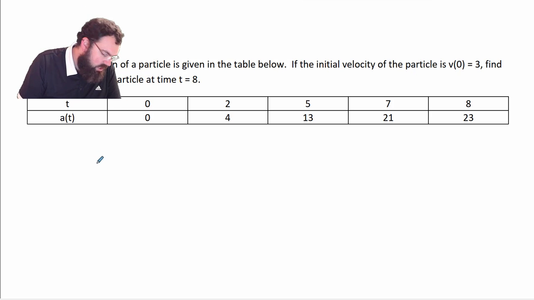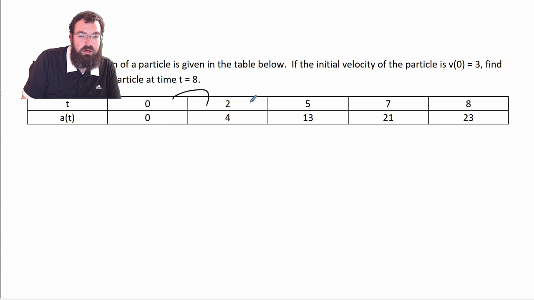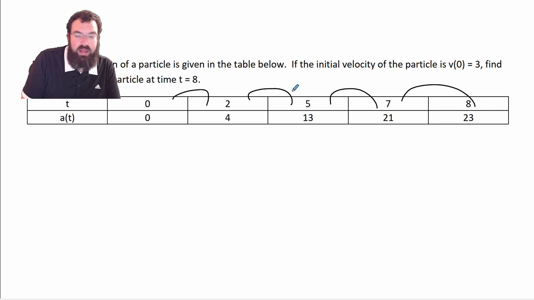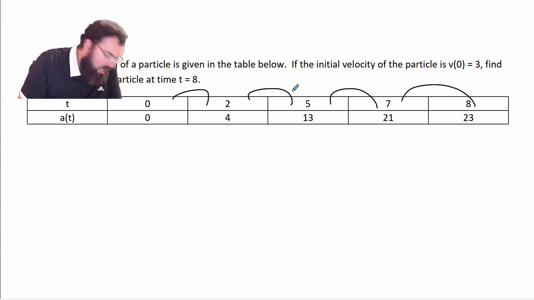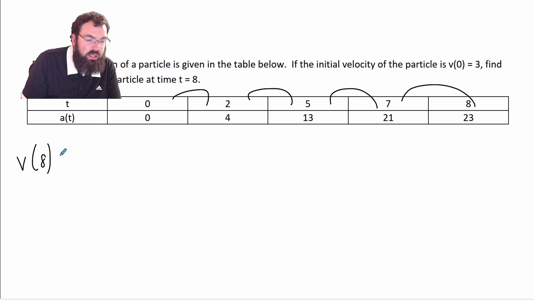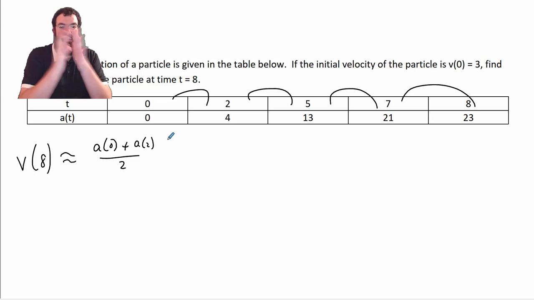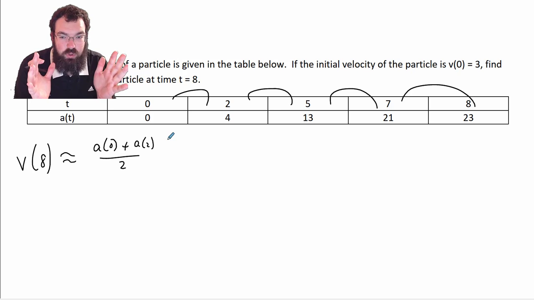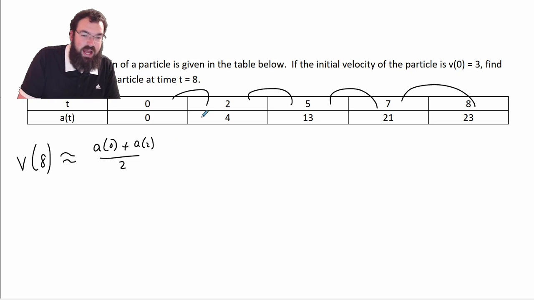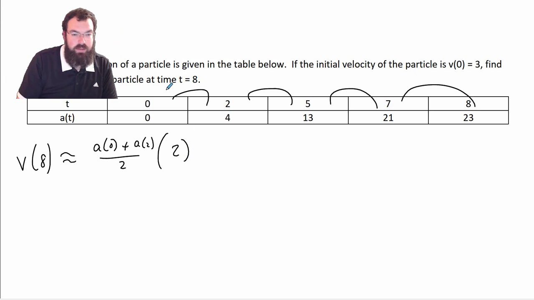All right, so let's use the trapezoidal rule. In this case, I'm going to say, okay, from here to here, from here to here, from here to here, and from here to here. So I'm going to have 4 different trapezoids. And I'm going to say that v of 8 is approximated as a of 0 plus a of 2 divided by 2. So this is your base 1 plus base 2 divided by 2. That's standard in your trapezoidal formula for area, times 2, because that's how wide the box is, right?